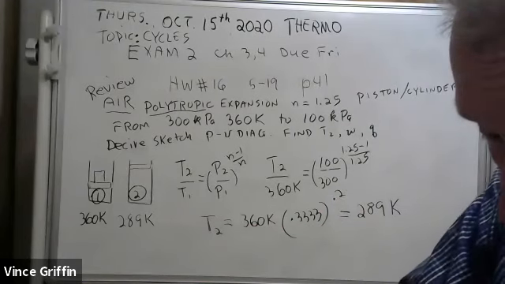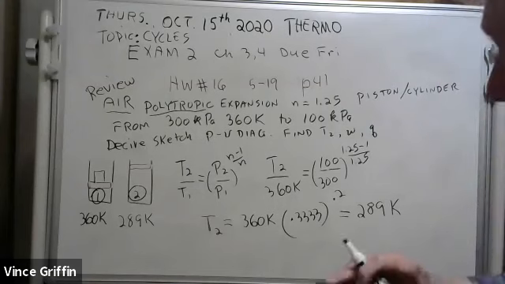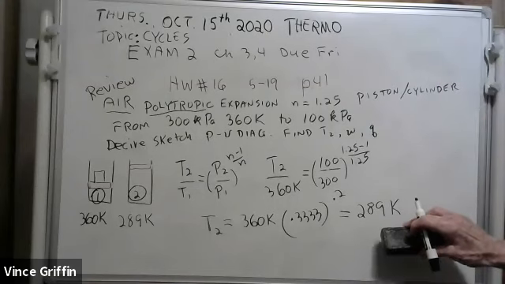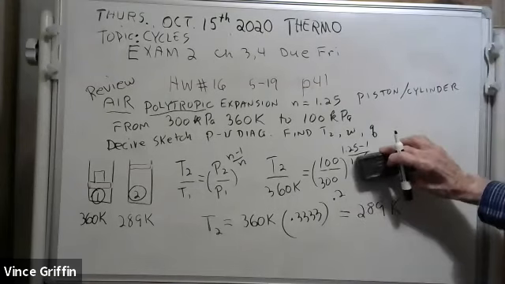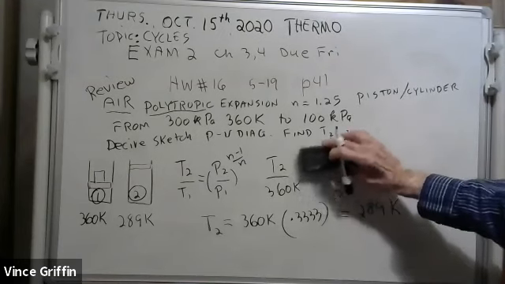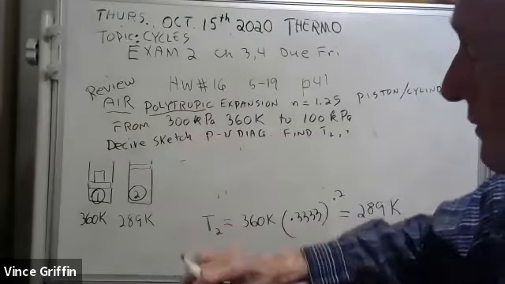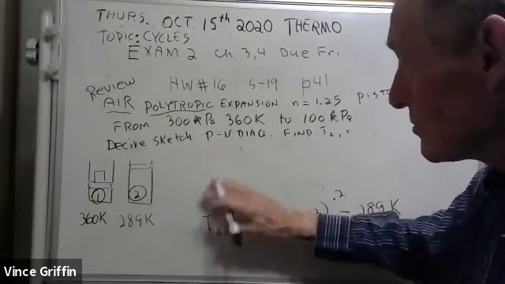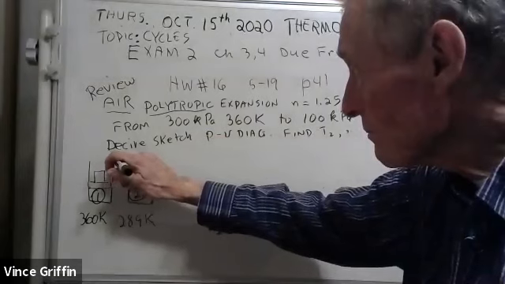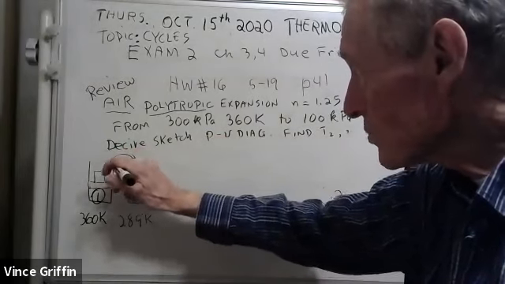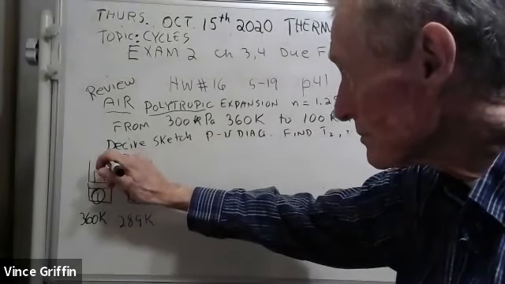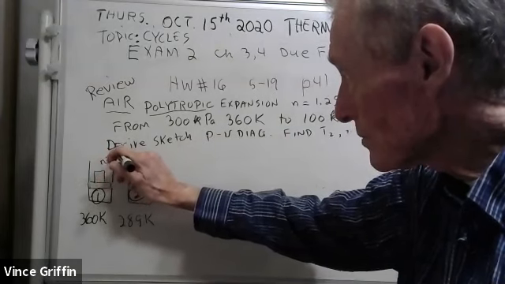Okay, now that we got that temperature, let's draw the PV diagram. I need a little room now, but we got our new temperature. I don't want to lose anything, but we know we have a polytropic process, n equals 1.25.